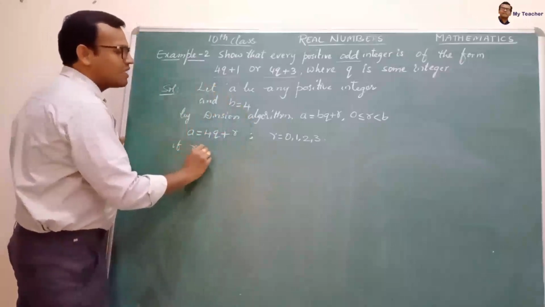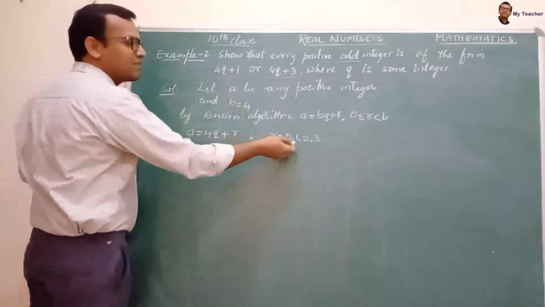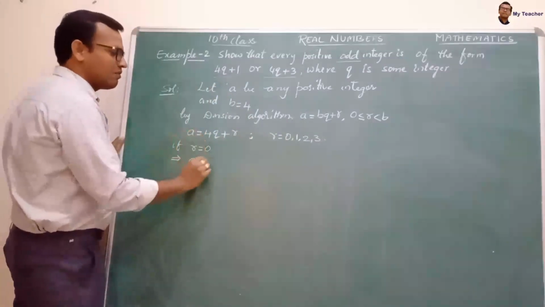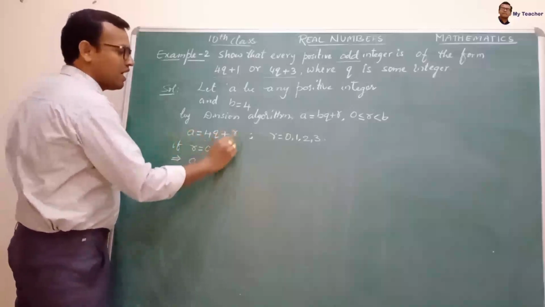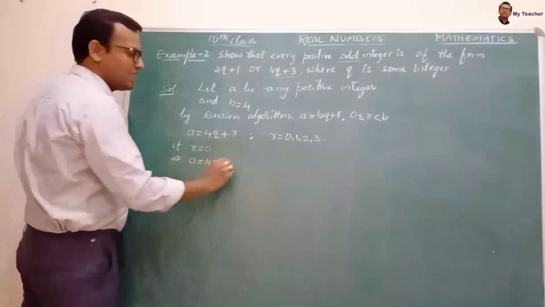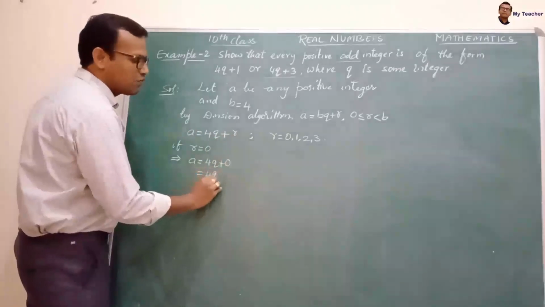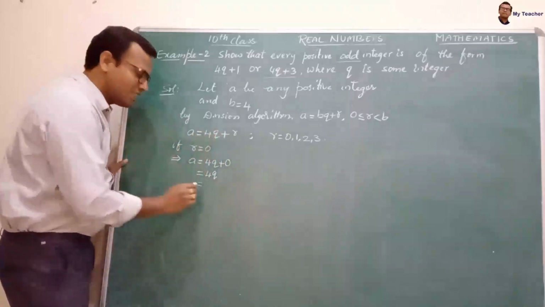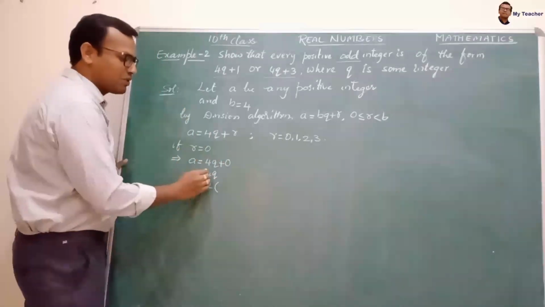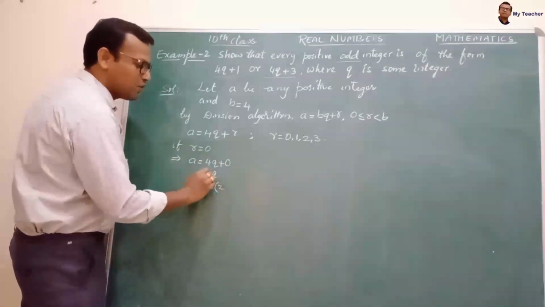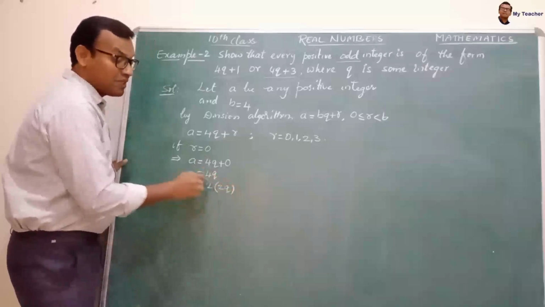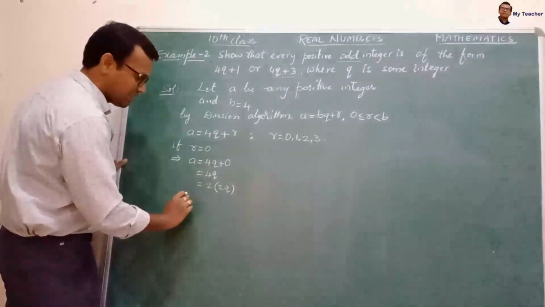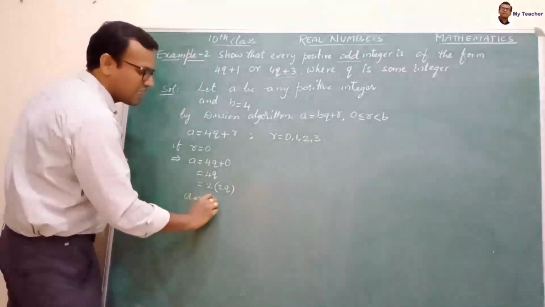If r is equal to 0, let me take the first value. Then a is equal to 4q plus r, r value is 0, which is equal to 4q. Now, is this divisible by 2? Yes. Let's see here. Into table, 2 2s are 4q. So it is completely divisible by 2. That means it is even. a is even.